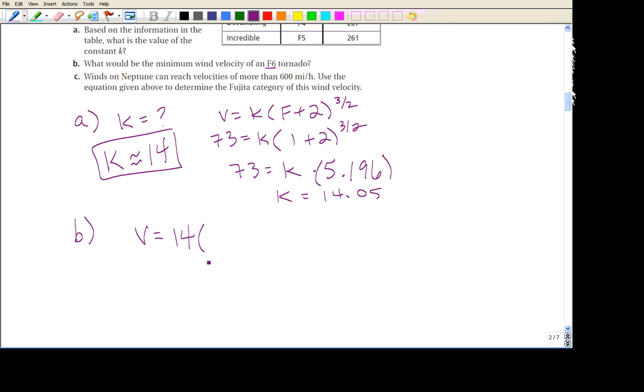We have a scale of 6. Then we'll add 2, raise it to the 3 halves power. So we have 8 to the 3 halves times 14. And that's about 317 miles per hour. And for that part, you can just type that into the calculator.